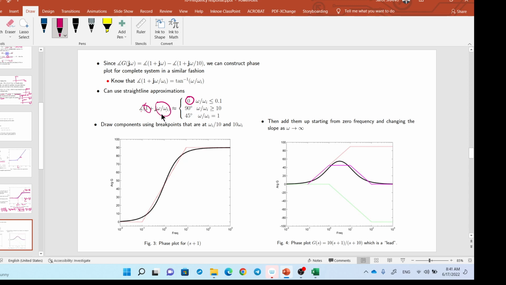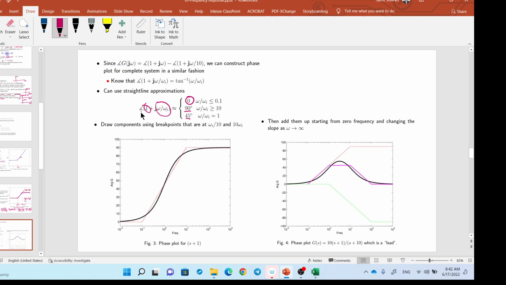So the phase of a pure imaginary number must be 90 degrees. Okay, and the third limit is that omega is the same as omega I.